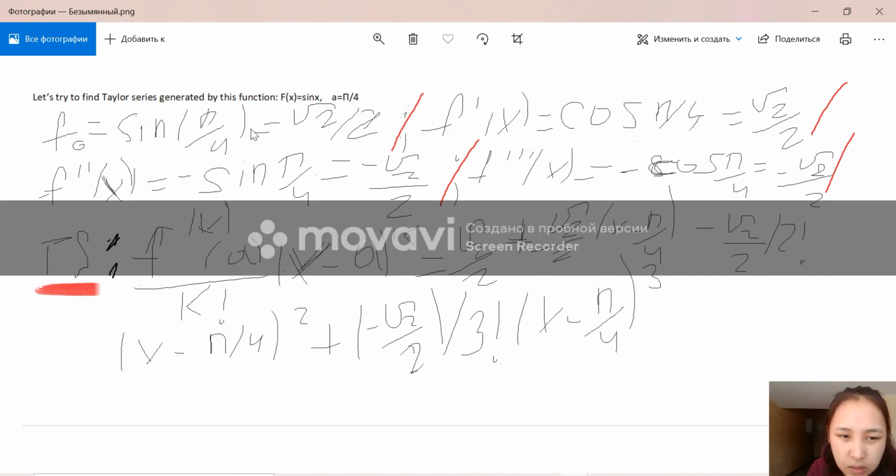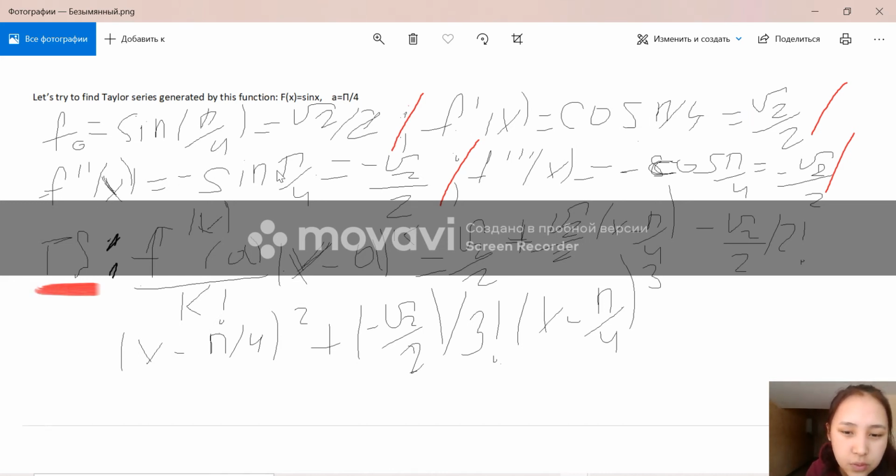f of pi over 4 will be sin pi over 4, which is equal to the square root of 2 over 2, and the first derivative of this function will be cos pi over 4, which is equal to the square root of 2 over 2.